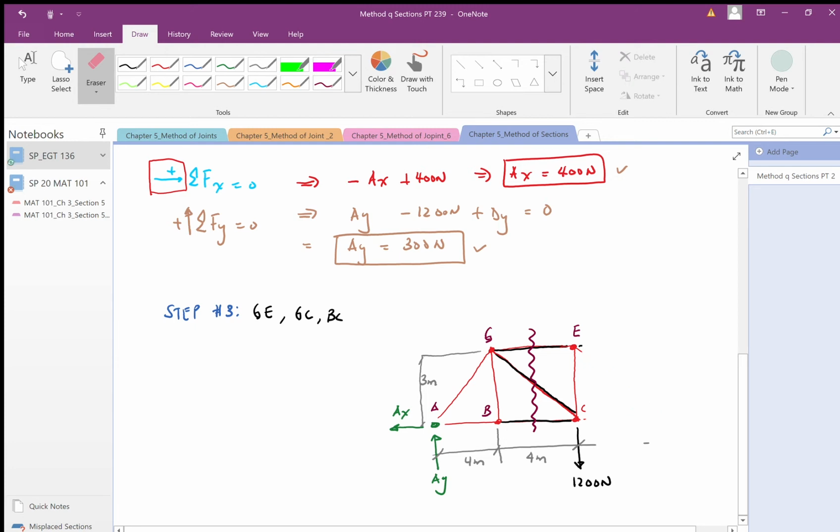So it's going to look something like this. Everything is going to be in tension. This is going to be my force GE.